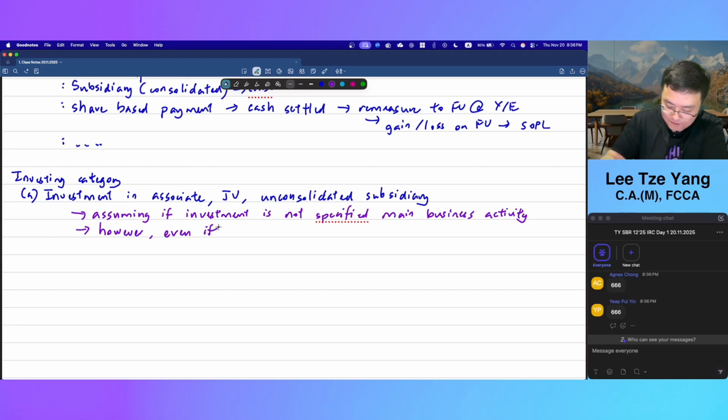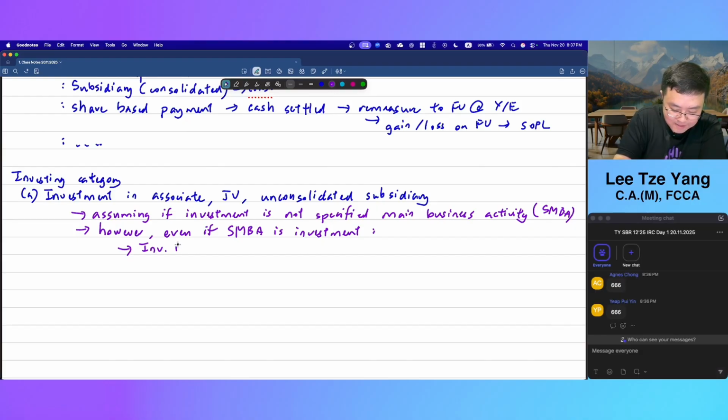However, even if, okay, I want to use a short form here, SMBA. MBA is Master in Business Administration, right? So here is SMBA, Small Master in Business Administration, SMBA. So even if investment is the SMBA, you need to know there's a rule.